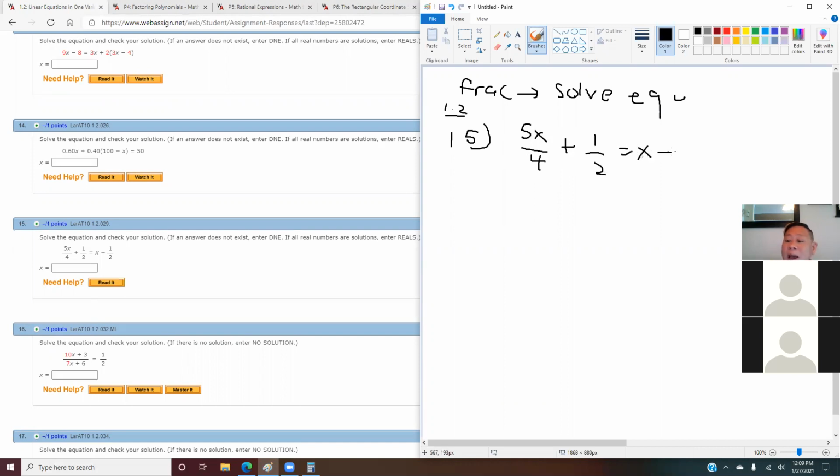It's the same thing as when you add or subtract fractions. You have to find the LCD first. But before you find the LCD, make sure every single term is a fraction. This is a fraction. This is a fraction. This is not a fraction, so you have to make it over 1. Your x here is not a fraction. That is a fraction. So now looking at all the denominators, 4, 2, 1, 2, what is your LCD in this case?